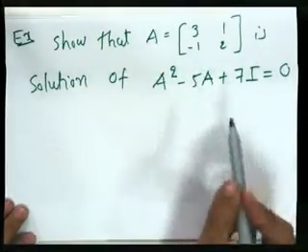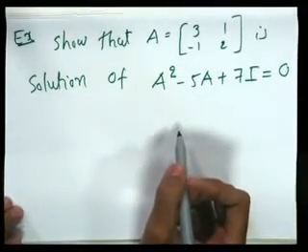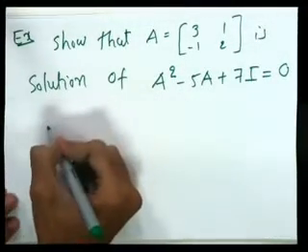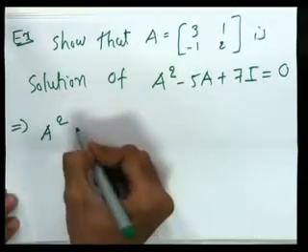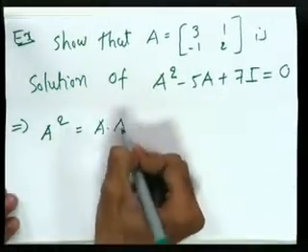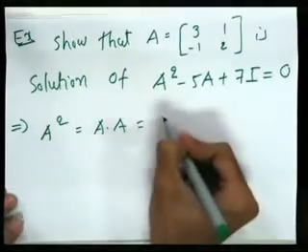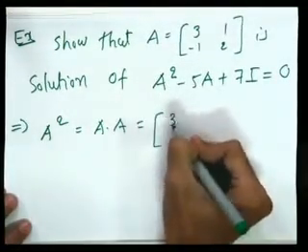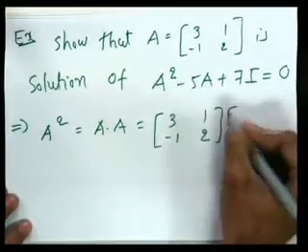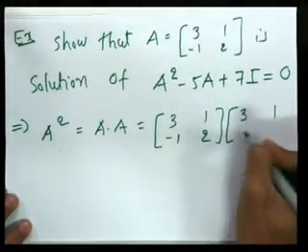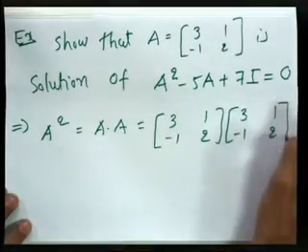So first we need to find A square. Here A is given, so A square is equal to A into A. So we will multiply A with A, 3 1 minus 1 2, with the same matrix 3 1 minus 1 2.